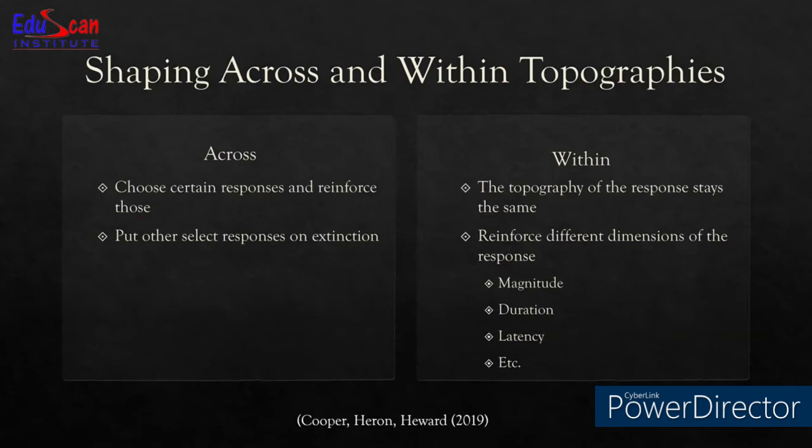When we shape language, and we need someone to say bubble, we say bub. We are shaping across, right? We are choosing certain responses, reinforcing those as they get closer, and putting the other responses on extinction.